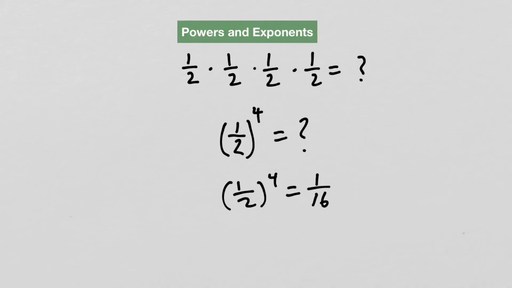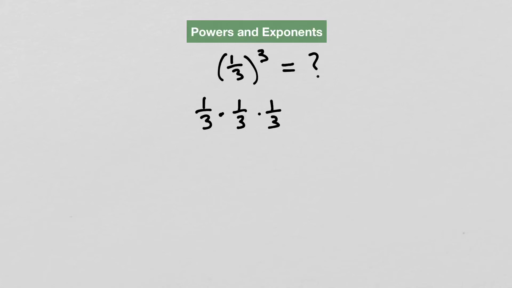Let's look at another example. We're going to go backwards this time. And here's what I mean by backwards. Let's suppose you see this. Now you know 1/3 to the 3rd power is really the same as 1/3 times 1/3 times 1/3.